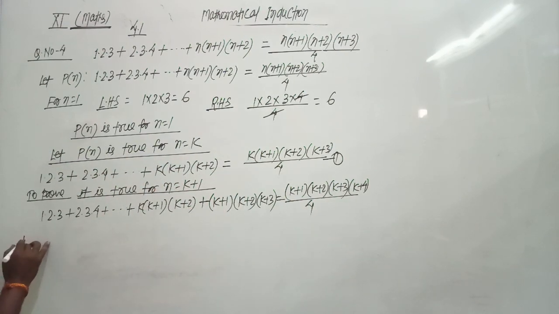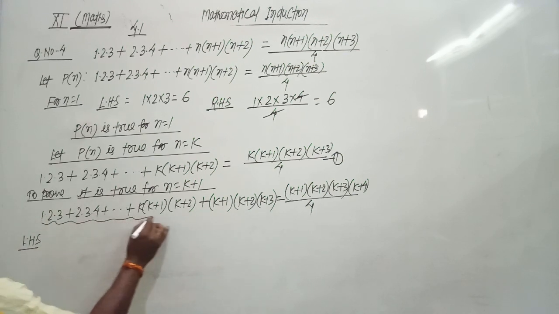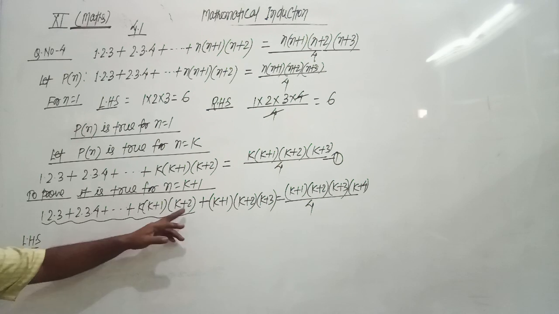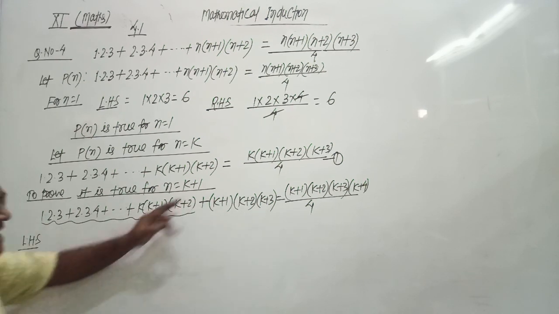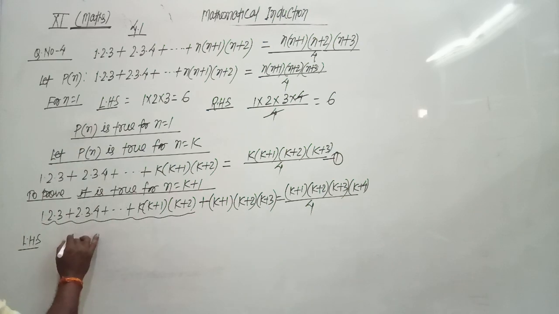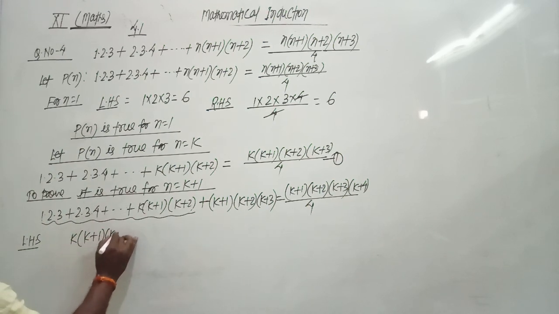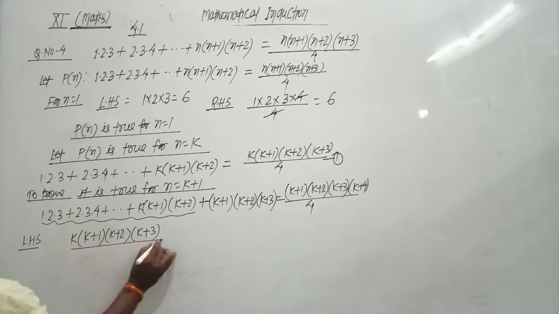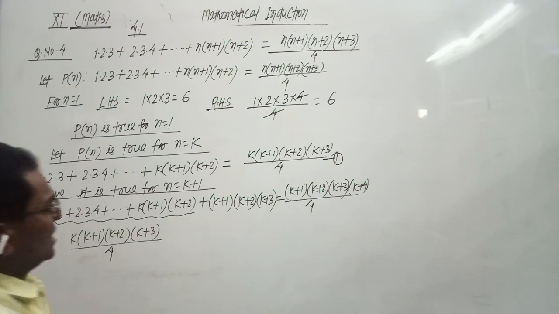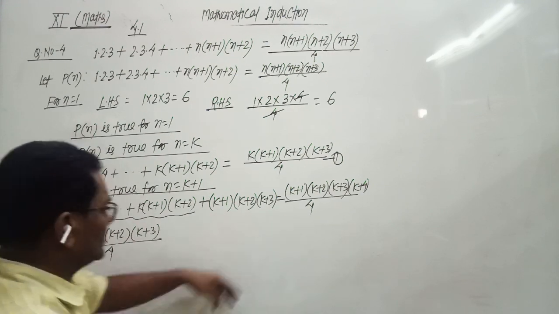Now we solve LHS. So up to the term k from the first equation we can write k into k plus 1 into k plus 2 into k plus 3 upon 4, and this term would be written as it is.